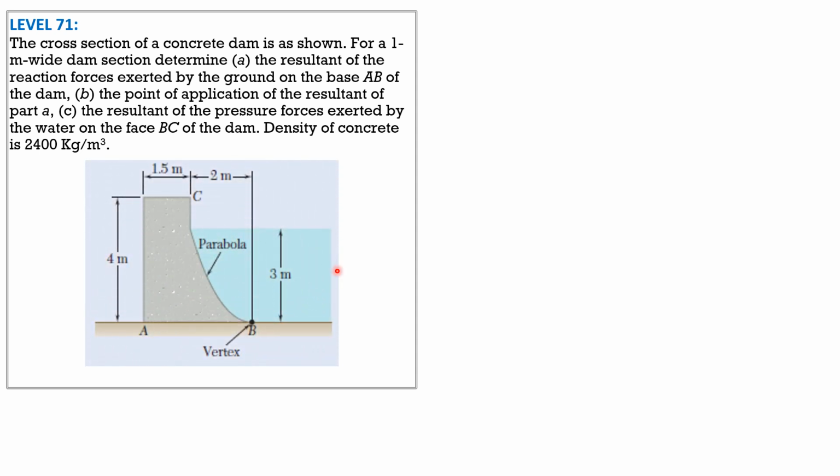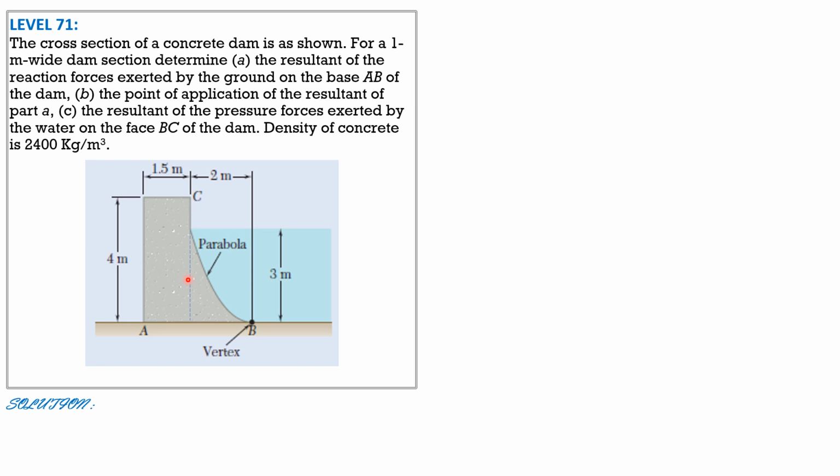Let's consider a 1 meter wide dam, or 1 meter perpendicular to the screen. Let's divide the dam into the following parts because this is a parabola and this is the vertex. So for the concrete dam, let's divide it in that manner.